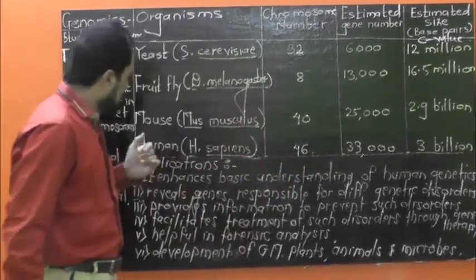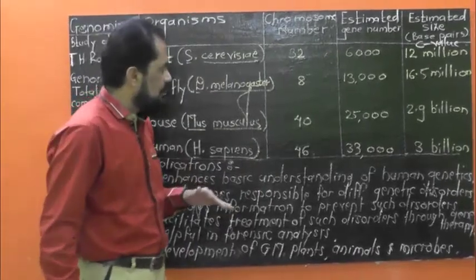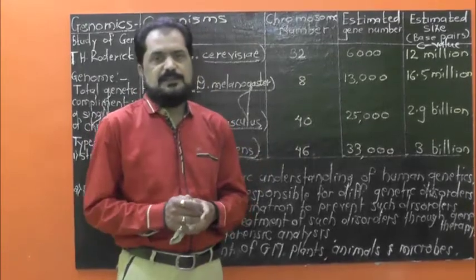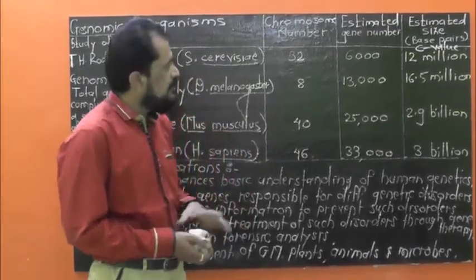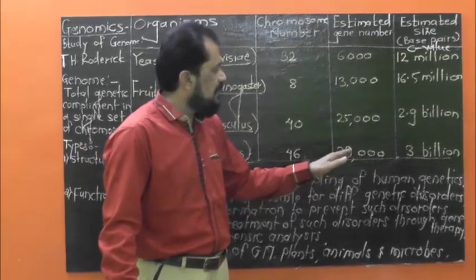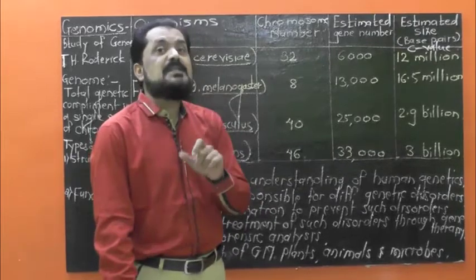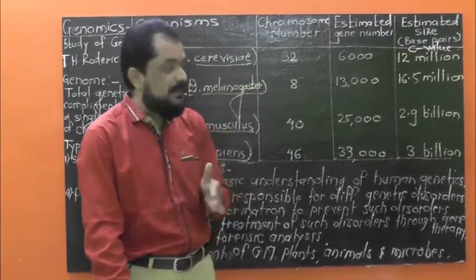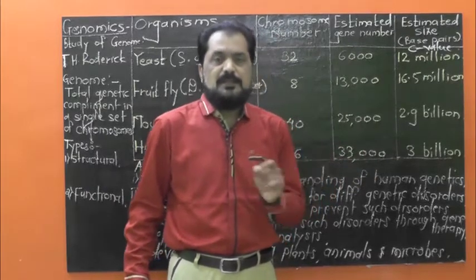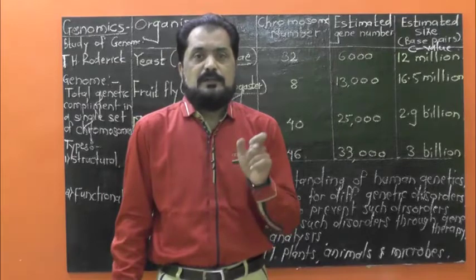And in human being, the total number of chromosomes in a diploid cell is 46, that is 23 pairs. These 23 pairs of chromosomes contain about 33,000 genes, and the C value of human being is 3 billion. C value means the total number of base pairs which form the genome.